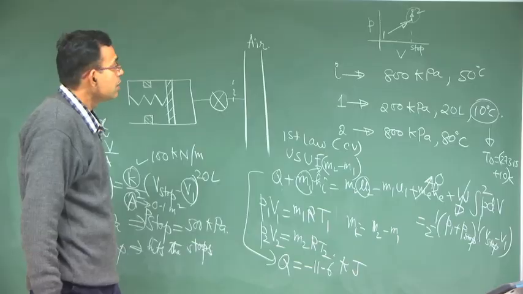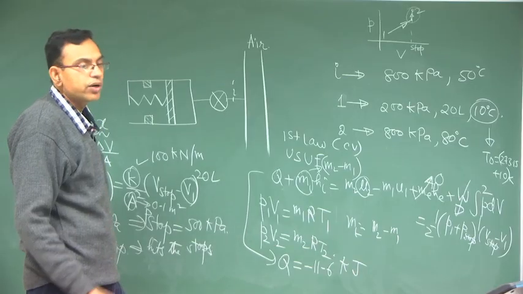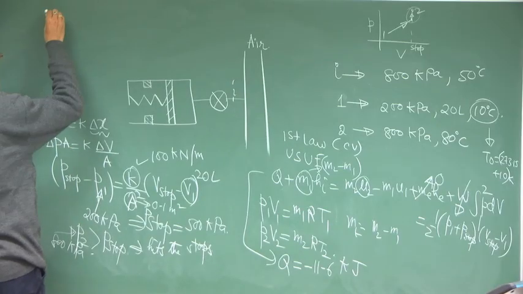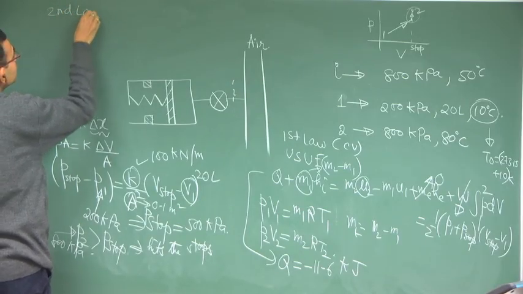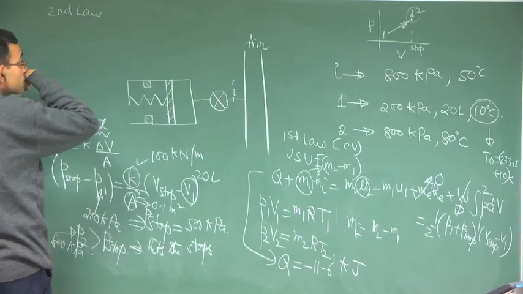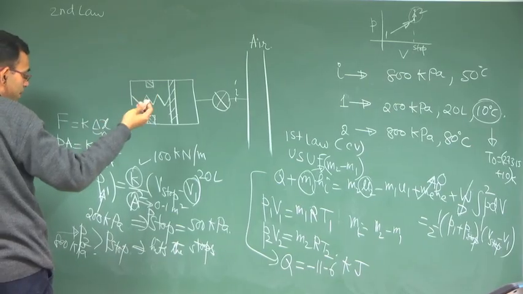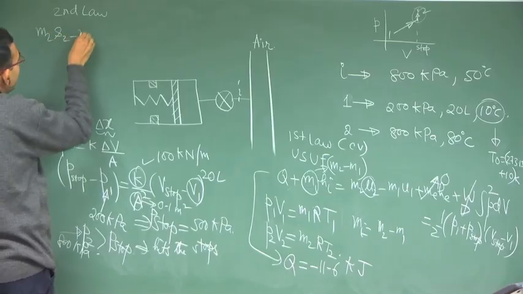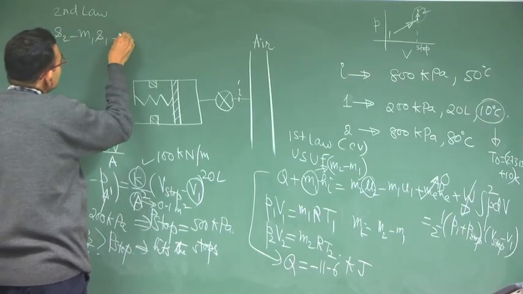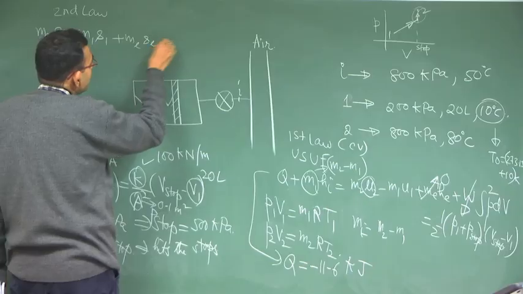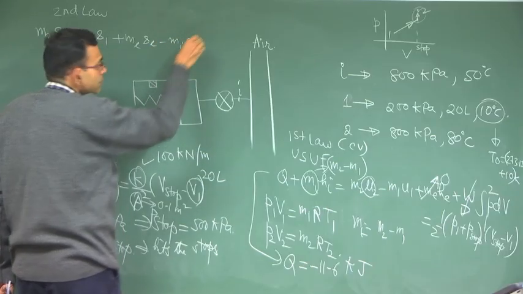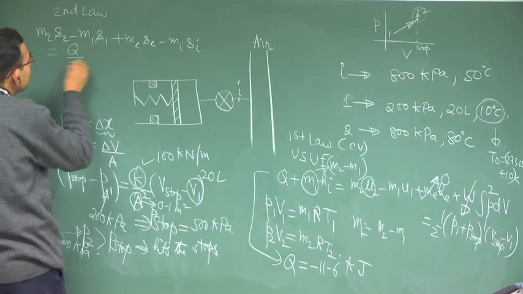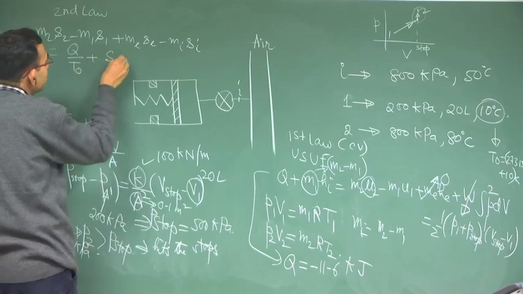Okay. So, why do you require Q? Because for entropy generation you require Q. So, if you apply the second law, so change in entropy M2S2 minus M1S1 plus MESE minus MISI is equal to Q by T0 plus entropy generation.